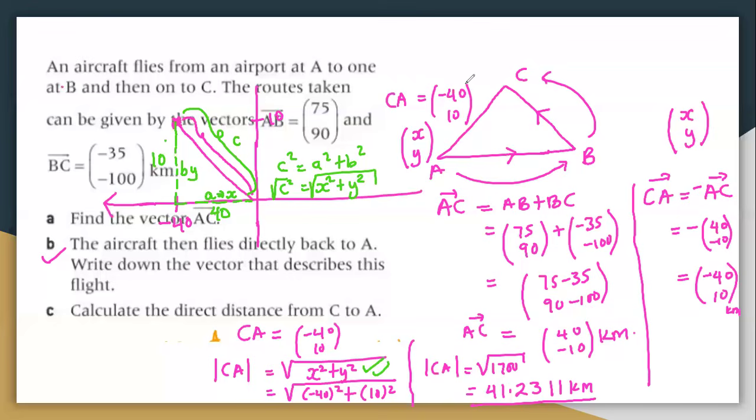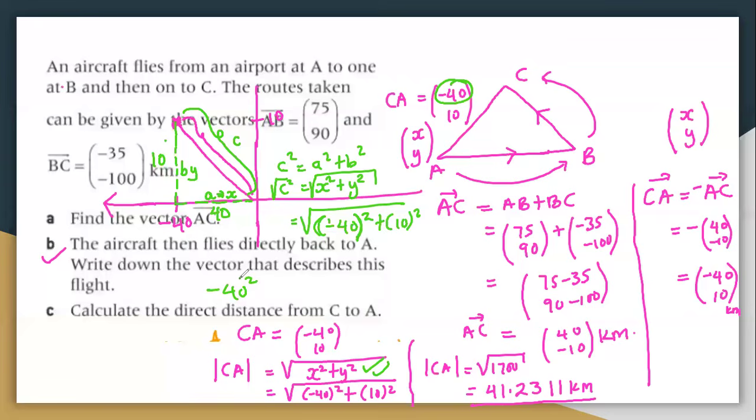From your item here, you extract the negative 40. But when you are placing it, put negative 40 squared, then plus 10 squared. The moment you don't put these brackets, the calculator is going to give you a wrong answer, because the calculator cannot square negative 40.